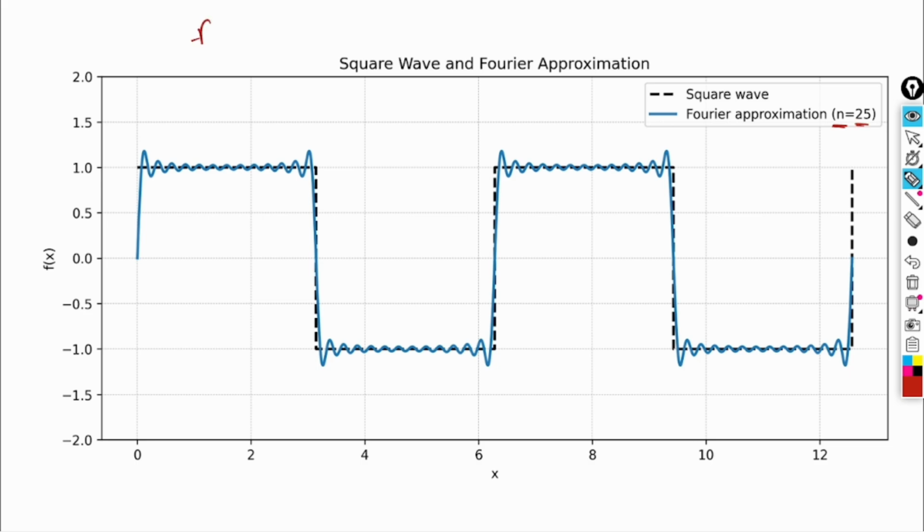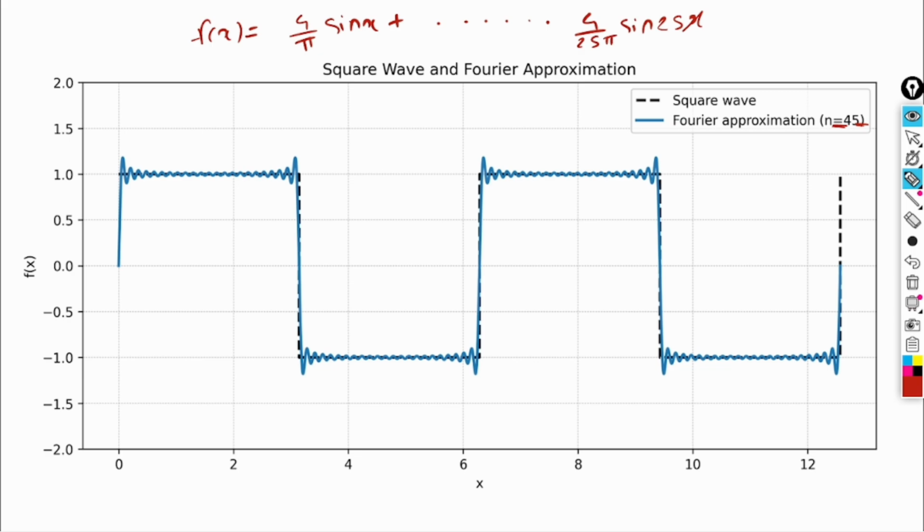So f of x is equal to 4 upon pi sine x, and so on, and the last term will be 4 upon 25 pi sine 25x. So for this expression we will get this graph.